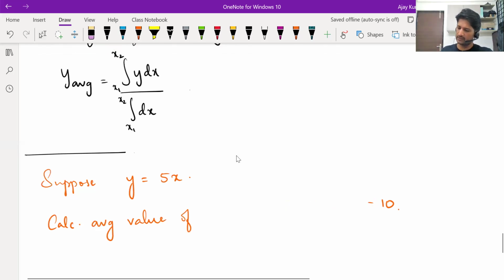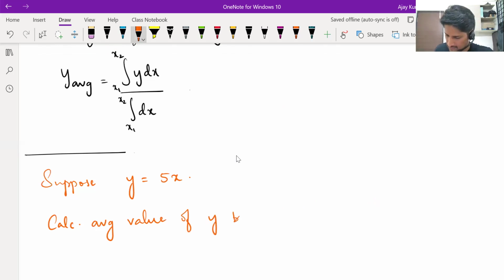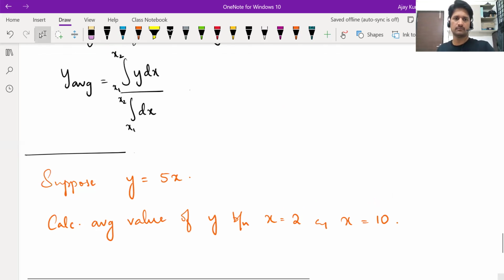Average value of y between x is equal to 2 and x is equal to 10. I'll just write it neatly. Any answer?